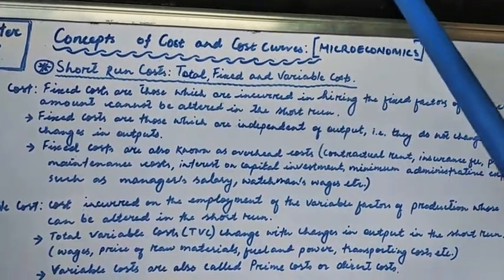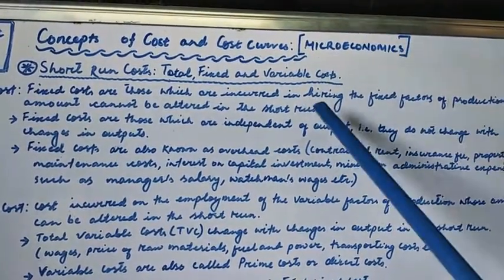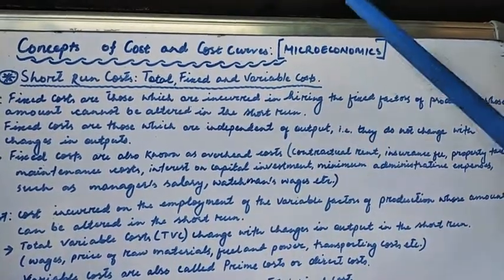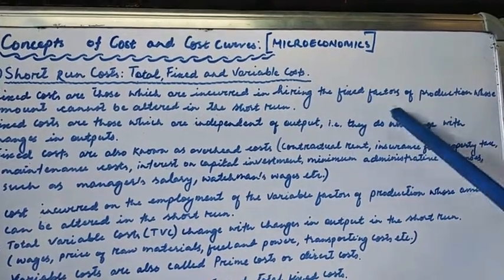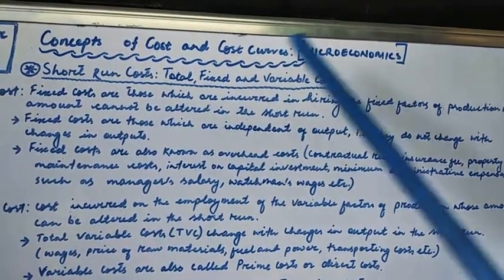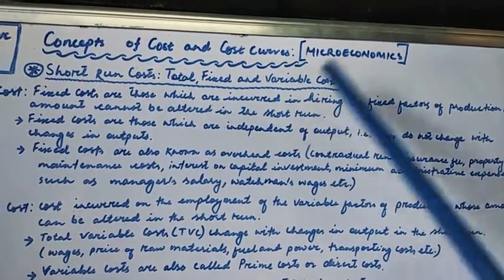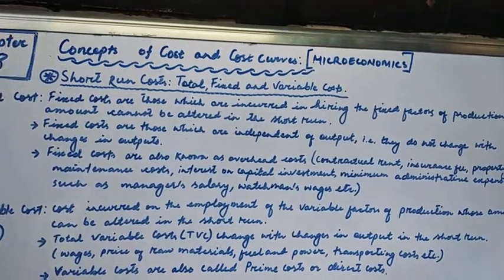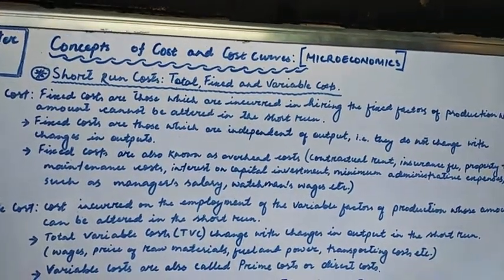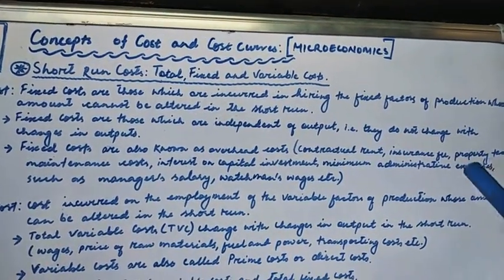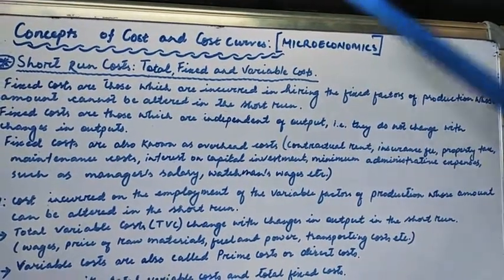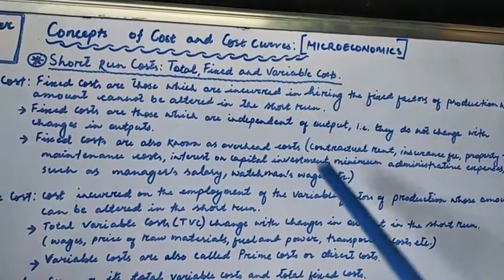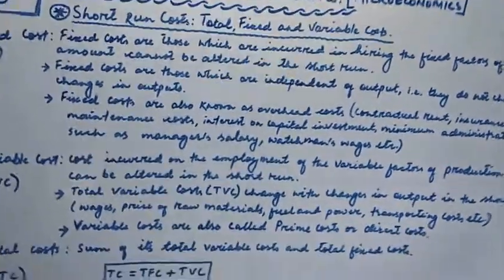Fixed cost is nothing but the cost which is involved in hiring or employing fixed factors of production whose amount cannot be altered in the short run. It is the cost that you pay in employing those fixed factors of production whose amount cannot be changed in the short run.